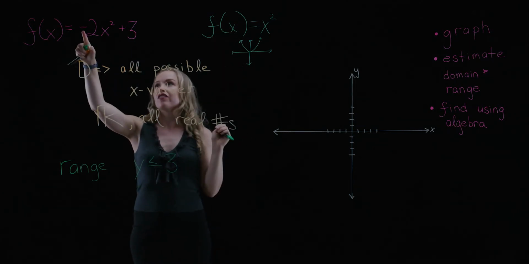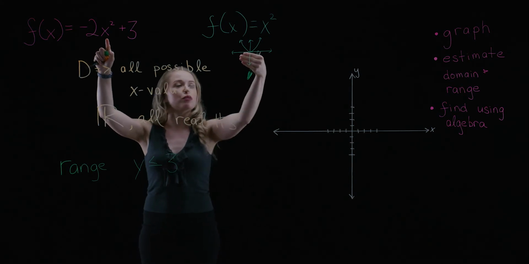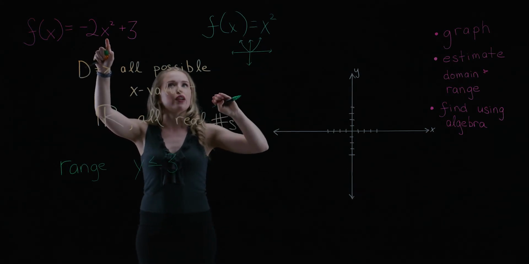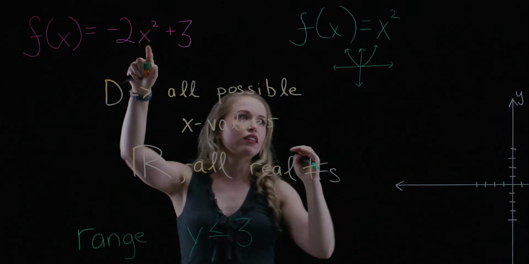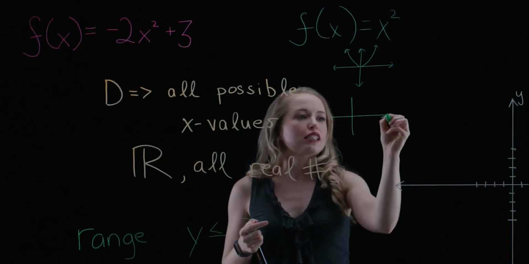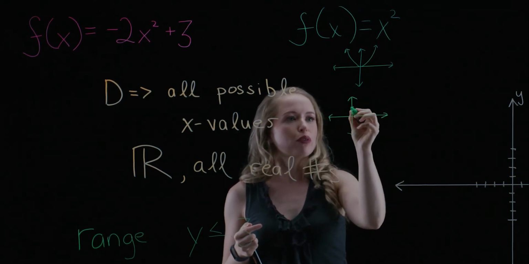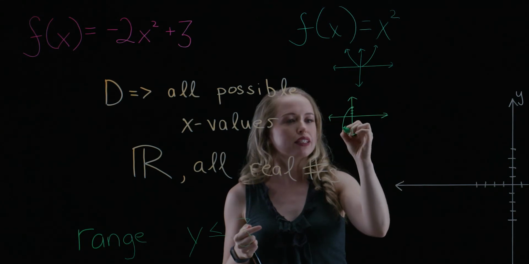This negative in front of my coefficient, in front of the x squared, indicates I'm going to be flipping my parabola over my x-axis. So that allows me to basically estimate that I could go up 3 and then flip that basic shape.